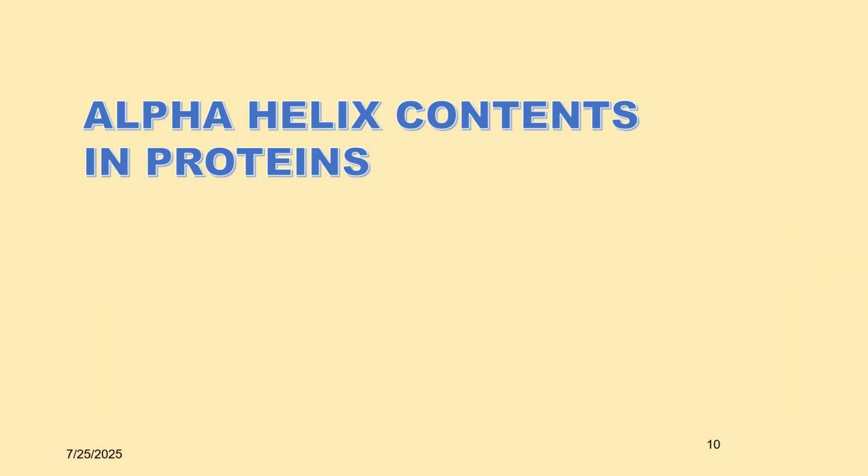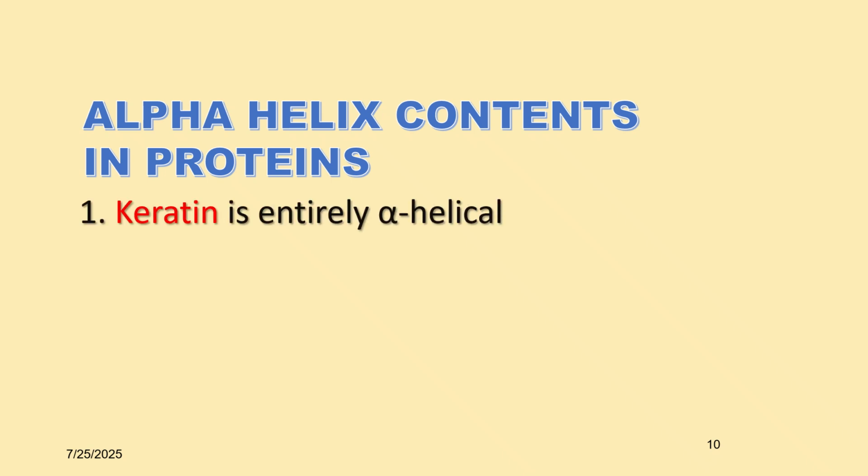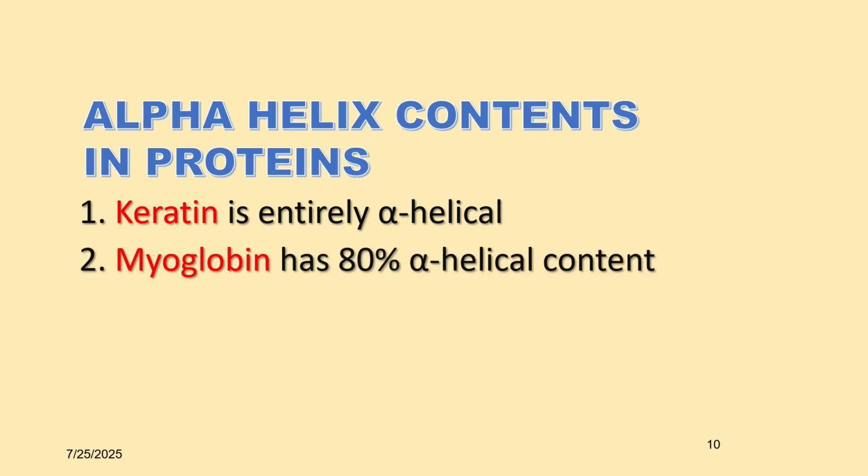So the next important point about alpha helical structure is you should know the content of alpha helix in different proteins. There is no fixed amount of alpha helix in all proteins. It varies from protein to protein. For example, keratin, which is a fibrous protein, is entirely an alpha helical protein.